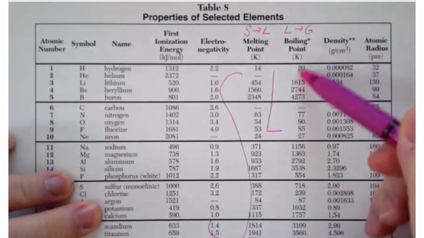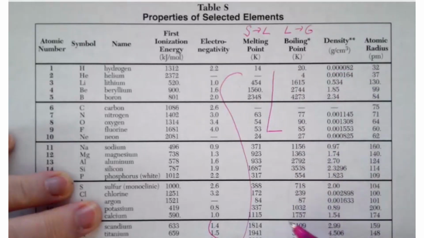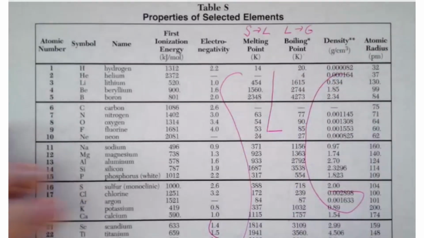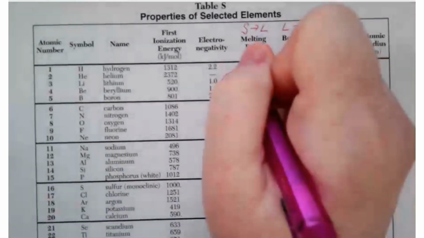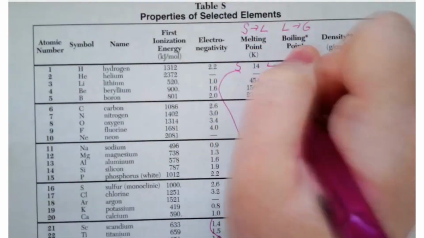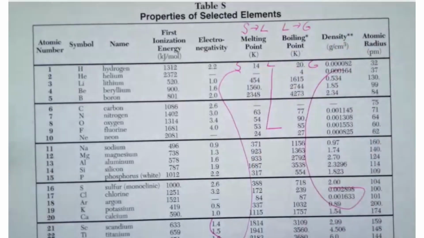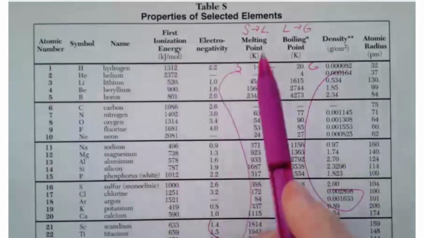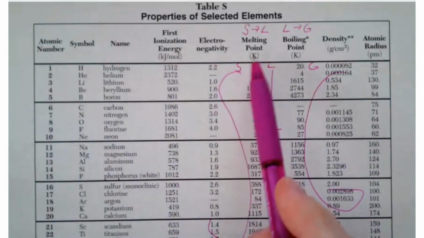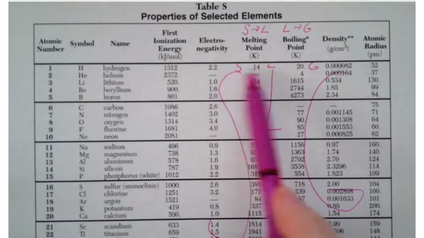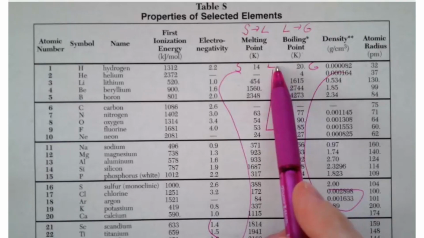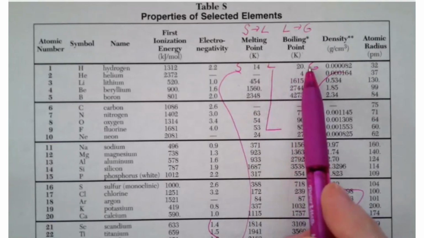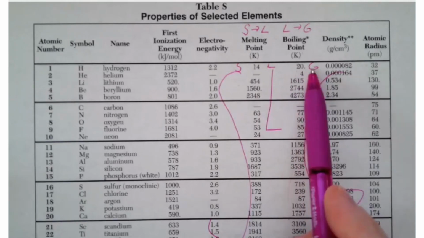And if the temperature of a substance is greater than this number, it is a gas. So, solid, liquid, gas. Okay? So if hydrogen is at 10 degrees Kelvin, it is a solid. If it is at 16 degrees Kelvin, it is a liquid. If it is at 30 degrees Kelvin, it is a gas.